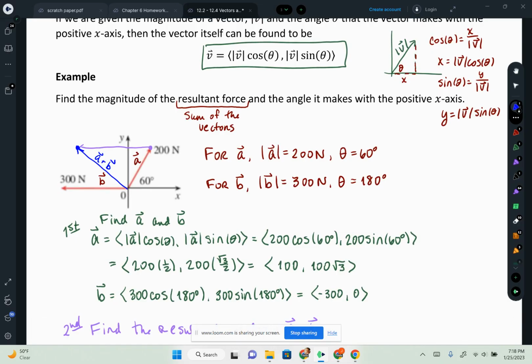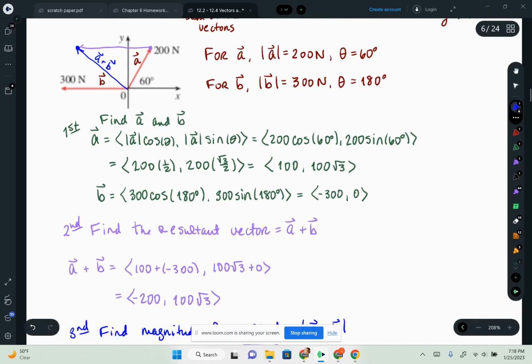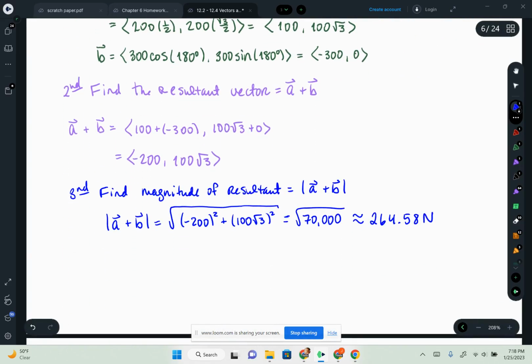The next part is to find the angle that this makes with the positive x-axis. Well, that's not too bad because we have our x component and our y component for the resultant vector. So fourth is to find the theta that A plus B makes with the positive x-axis.